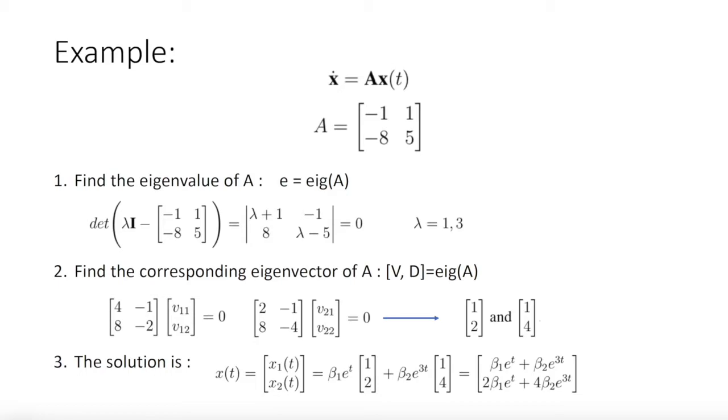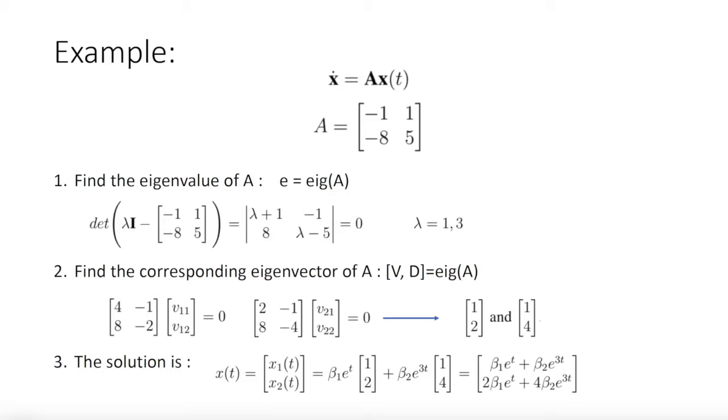Here in this example, we can see how to compute the eigenvalues of the system. We set the determinant of lambda I minus A equal to 0, which gives lambda equal to 1 and 3 for this example. For the eigenvectors, we construct the equation lambda I minus A multiplied by v equals 0, which each element of v should satisfy.